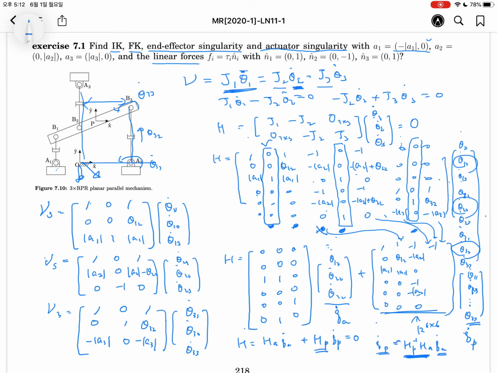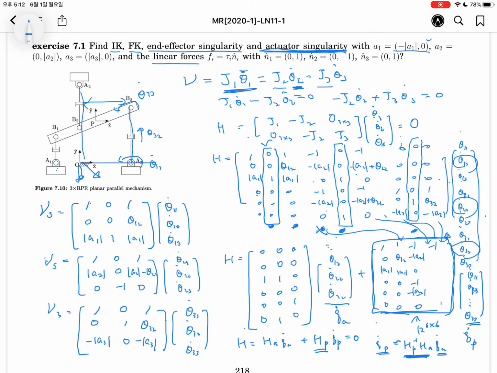There is no blank here, so this 6 by 6 matrix should have full rank in order to avoid the singularity. After making the 6 by 6 matrix, you can check the rank. If it loses rank, it means HP is singular, which corresponds to the actuator singularity.